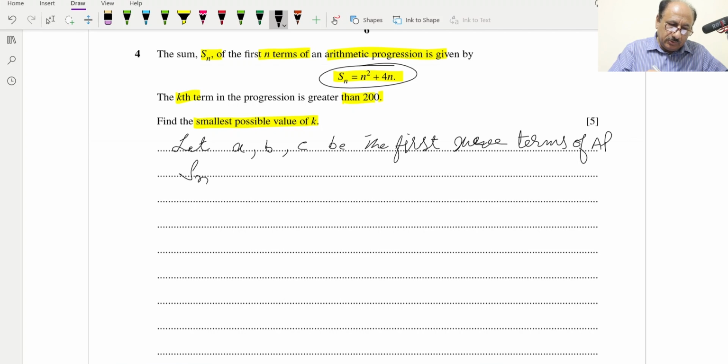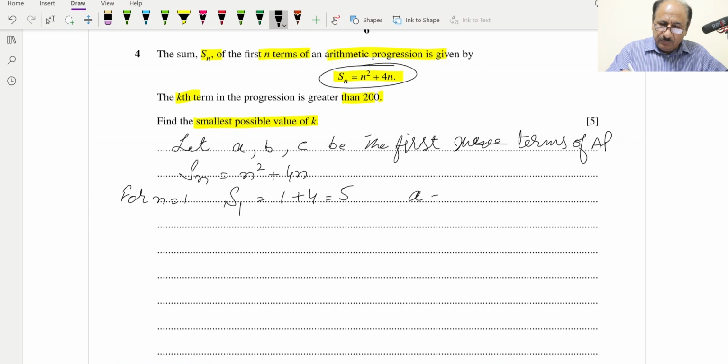Sn is equal to n squared plus 4n, and now we can find the first term and second term. For n is equal to 1, S1 will be equal to 1 plus 4, which is equal to 5.